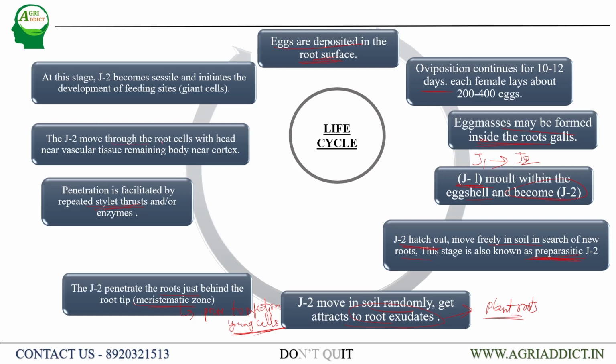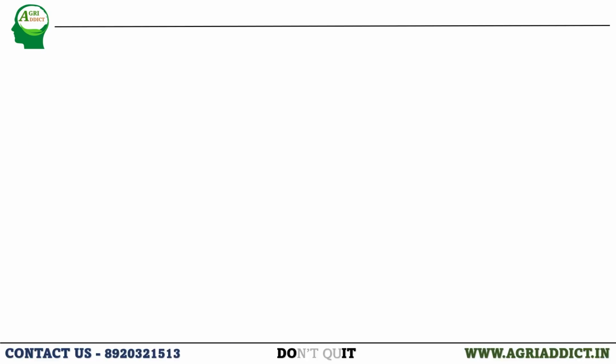The J2 will move through the root cells with the head near the vascular tissue and the remaining body near the cortex. I will show in the figure. Let us have some idea about the anatomy of the root system. This is a cross section of the root system, that is, the anatomy of a root. These are the root hairs.